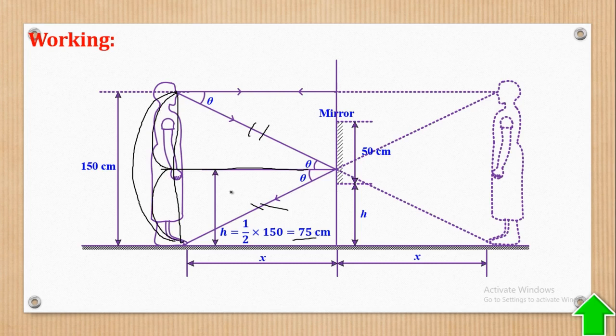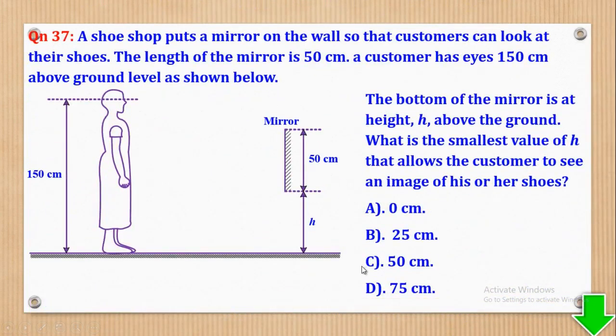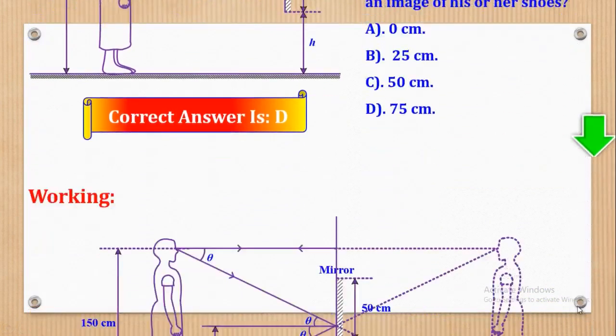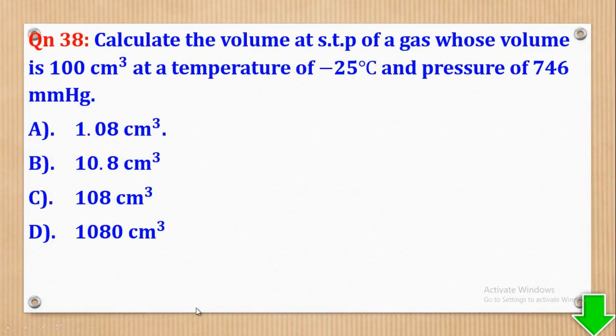Therefore, the least value of h should be 75 centimeters. So I'll look for the option which has 75 centimeters, and therefore the answer is D. So that was question 37.